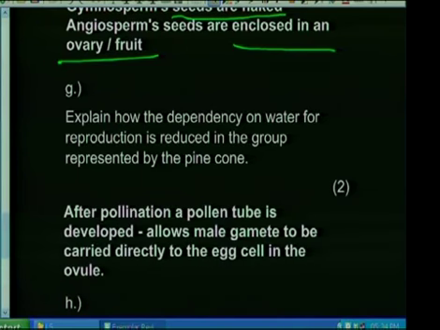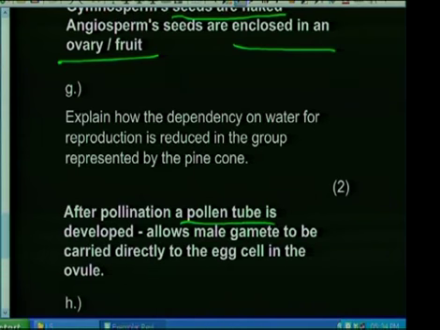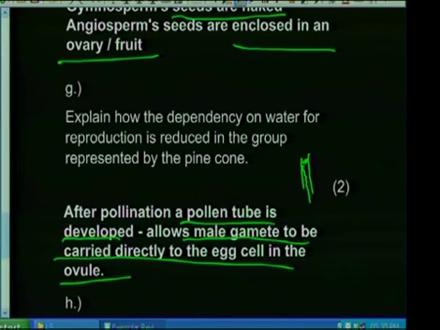I have to talk about the fact that when pollination takes place, the pollen tube develops, and the male gametes move down this pollen tube directly to the egg in the ovule. Now, what does it mean? It simply means that if this was a pollen grain, a pollen tube develops and the pollen grain travels down there.